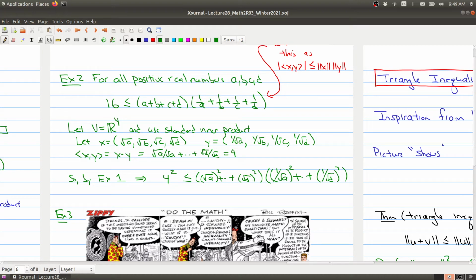Once you clean this up, you get rid of the square roots and the squares, you get the right-hand side, and 4 squared is 16. So this is an example of the Cauchy-Schwarz.